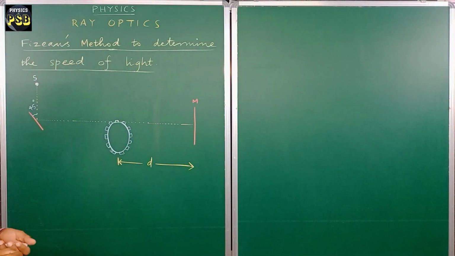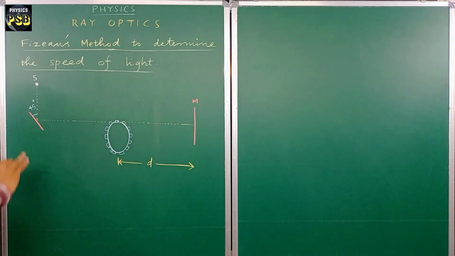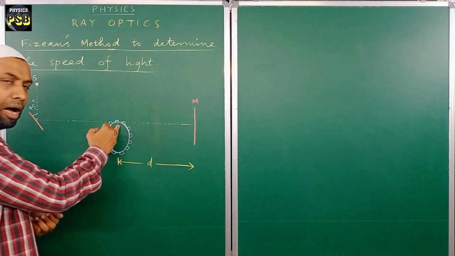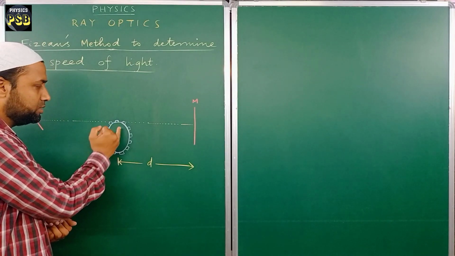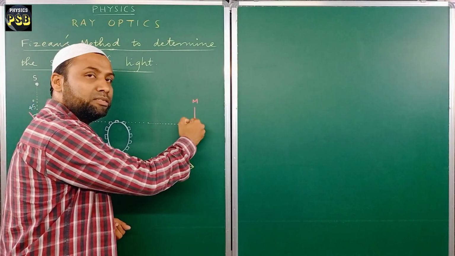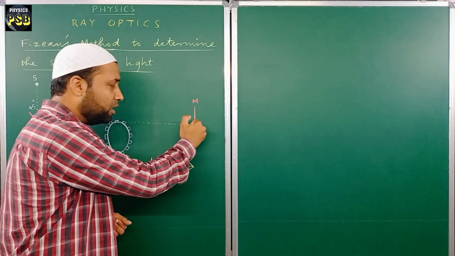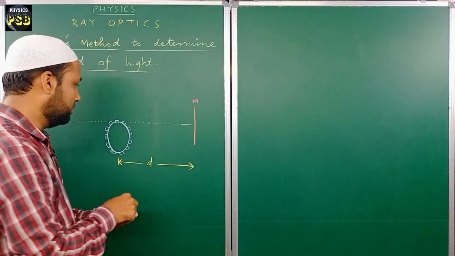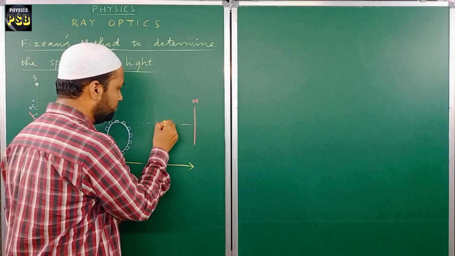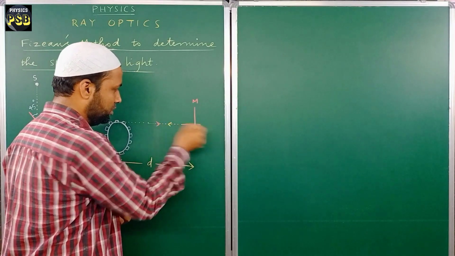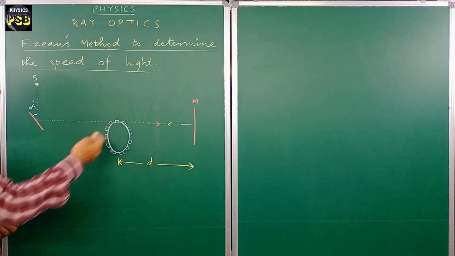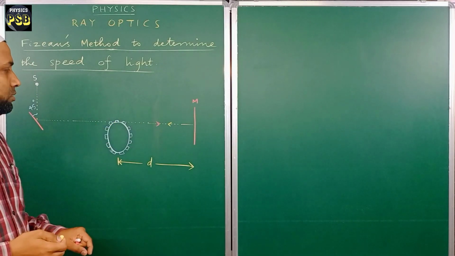Now what happened actually? The reflected ray is made to pass through a cut in this toothed wheel and made to fall on this mirror. Once it falls on the mirror, it gets reflected back. Earlier it was moving this way, then after some time this reflected ray passes through the same cut.